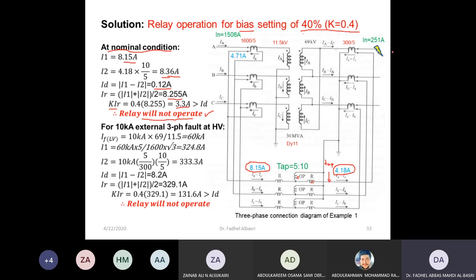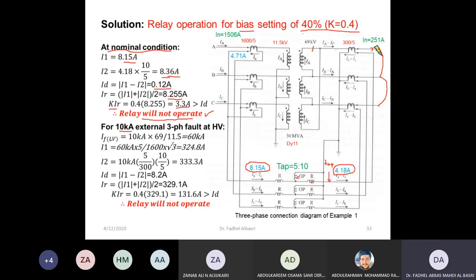And now suppose I have a fault, a three-phase fault, just after the relay. The phase current in this fault is 10 kiloampere. Okay. So what will be now? This is external.